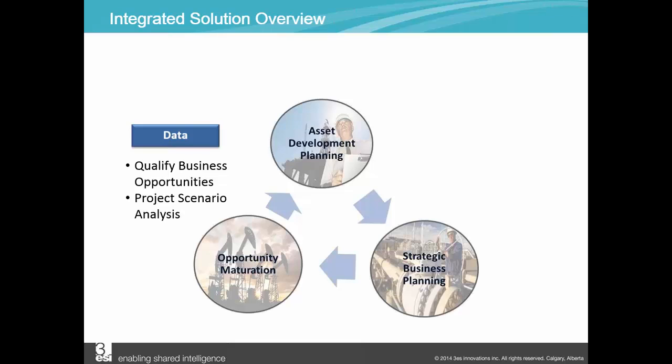By doing a first phase rank and cut analysis of the projects at this phase, asset development planning is enhanced in its effectiveness, efficiency, and overall performance by eliminating those opportunities that may not meet organizational thresholds and may not add value to the planning process at the asset level.